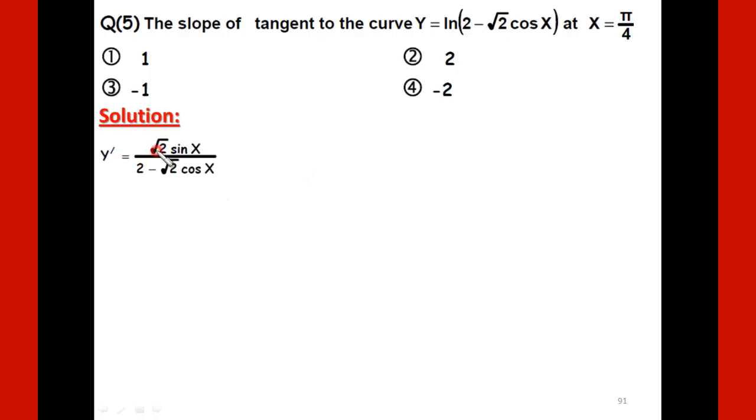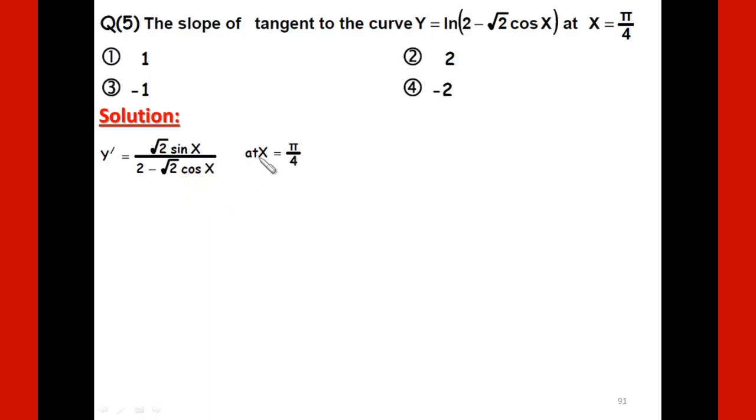So y dash equals 1 over 2 minus root 2 cosine x, multiply the derivative of 2, which is 0, and of negative root 2 cosine x, which equals root 2 sine x, because the derivative of cosine x equals negative sine x, and negative multiply negative equals positive. So the numerator will be root 2 sine x, and the denominator will be 2 minus root 2 cosine x. This is y dash.